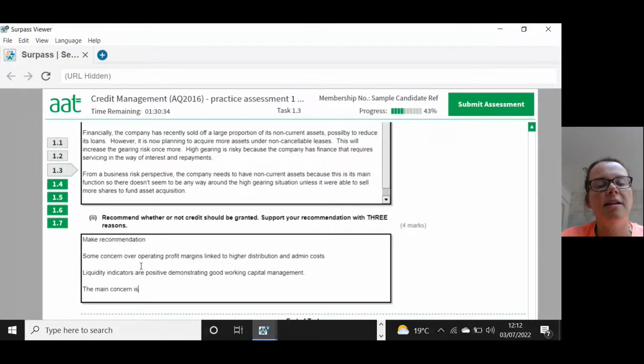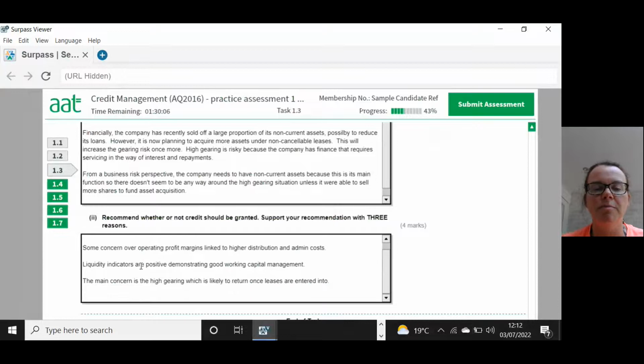Main concern is the high gearing, which is likely to return once leases are entered into. Right, so a profitability comment, a liquidity comment, a gearing comment, or a risk comment. That would be 3 points that I've made there.